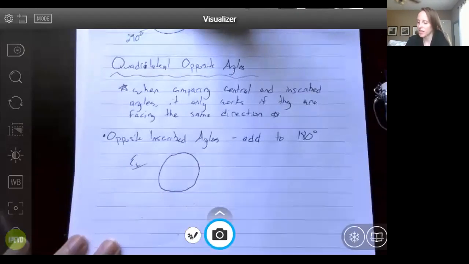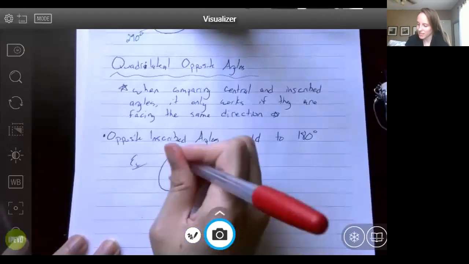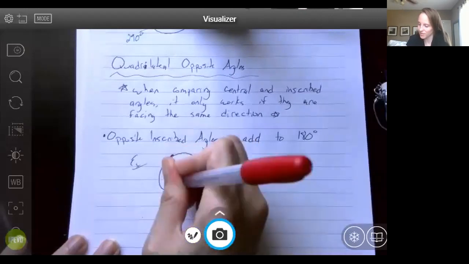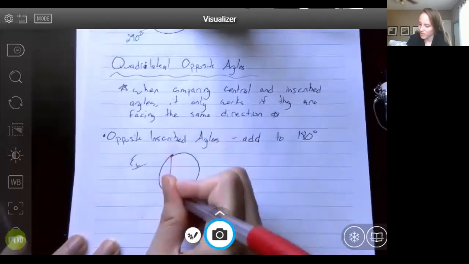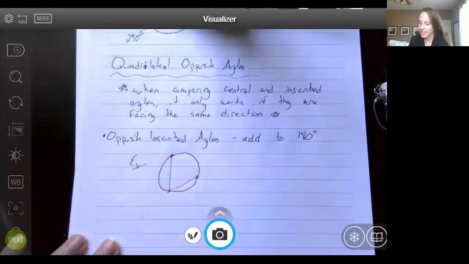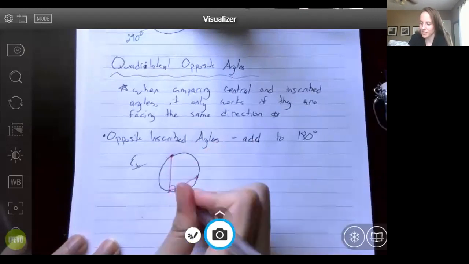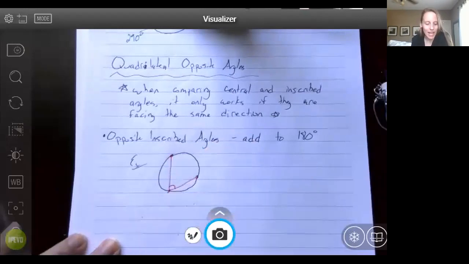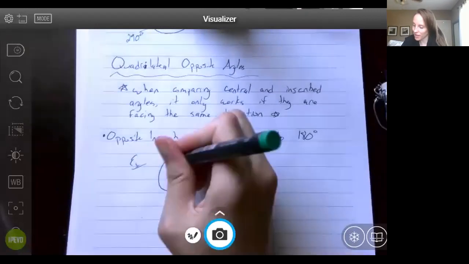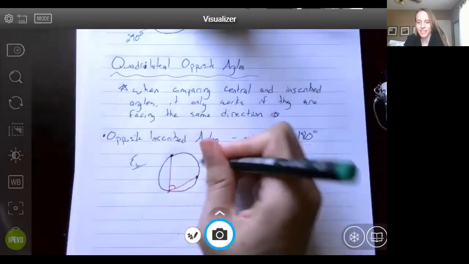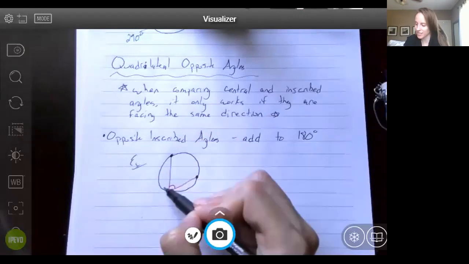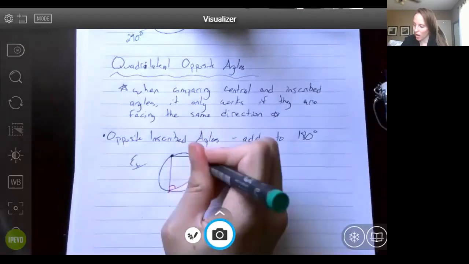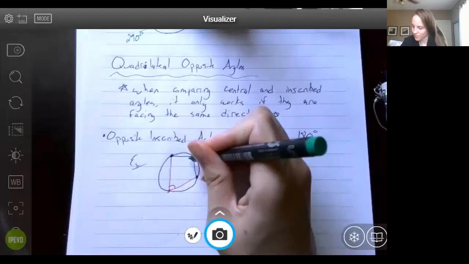That hasn't changed. So for instance, if I had one inscribed angle that looked like that, again, its angle is on the edge of the circle. That's what makes it an inscribed angle. And my second inscribed angle has the same endpoints, but instead of facing the same direction as it, it is facing the opposite direction.